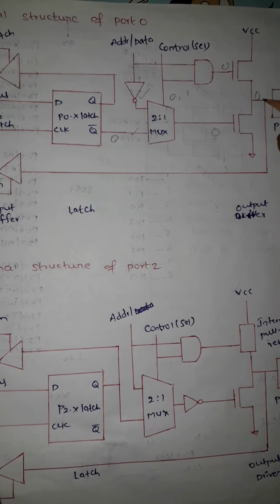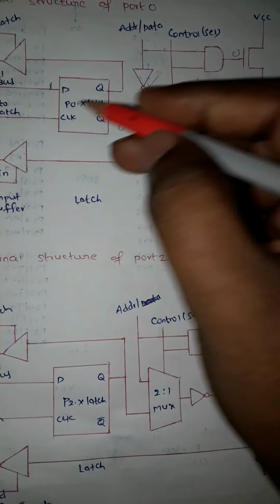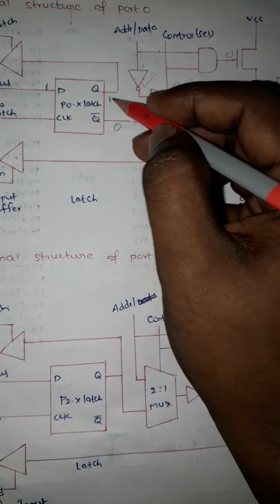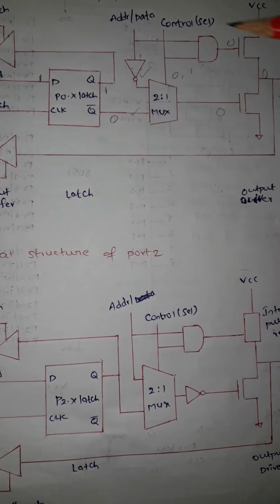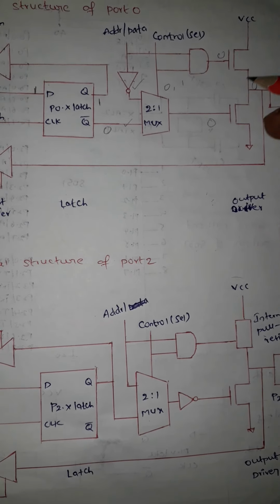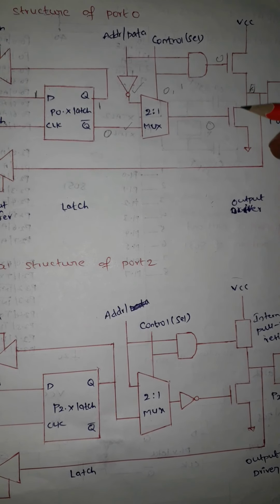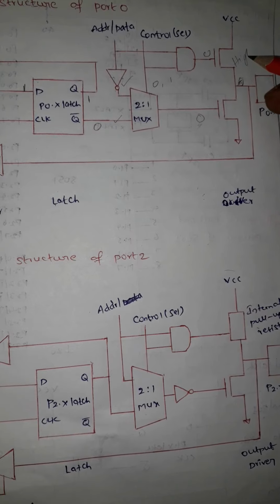This 0 output is obtained for the value 1 written at the input. If value 1 is written, then Q is 1 and Q bar is 0, so you are not getting a 0. That is, both transistors go off.